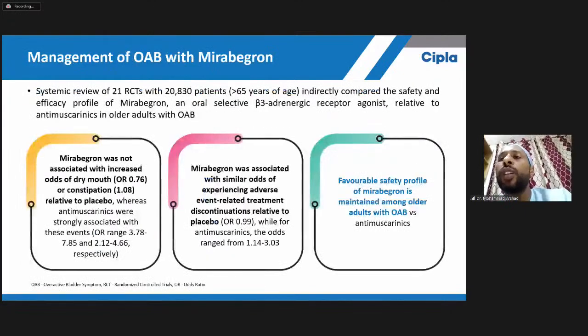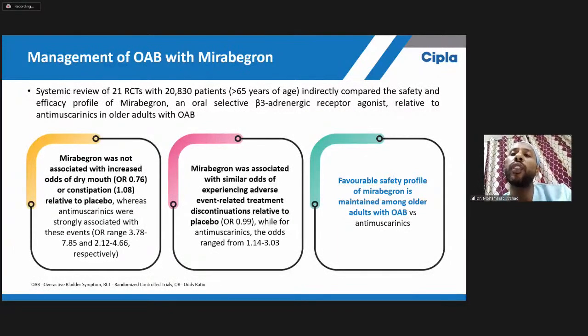Because of these problems, a new drug was launched, Mirabegron. It's a selective beta-3 adrenergic receptor agonist, which acts specifically on the beta-3 receptor. This drug causes very little dry mouth or constipation because it doesn't act on the cholinergic receptor, so these symptoms were much less compared to the anticholinergic drugs.